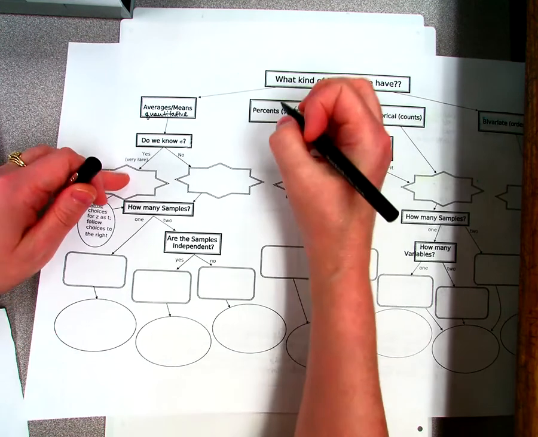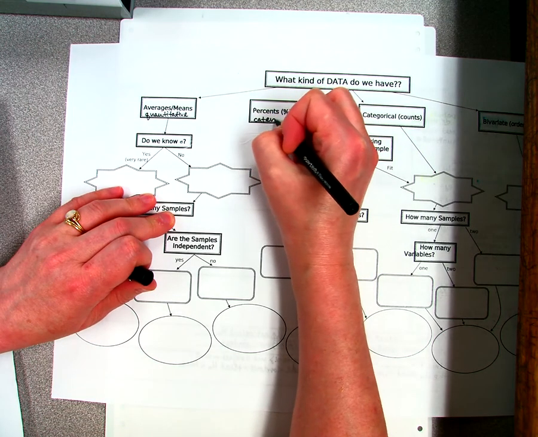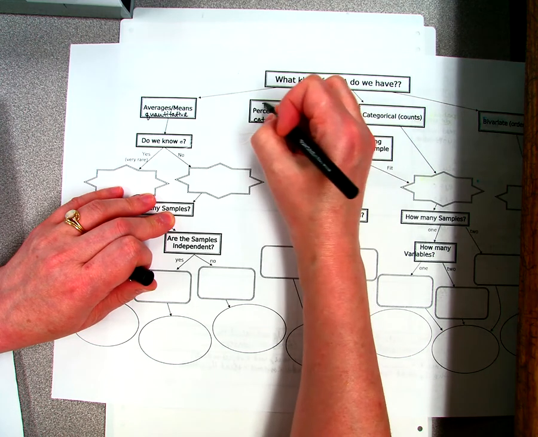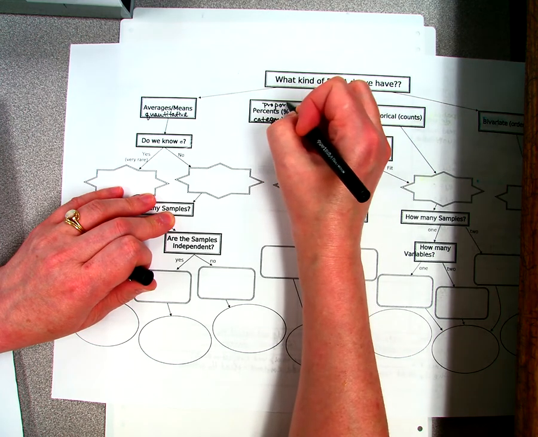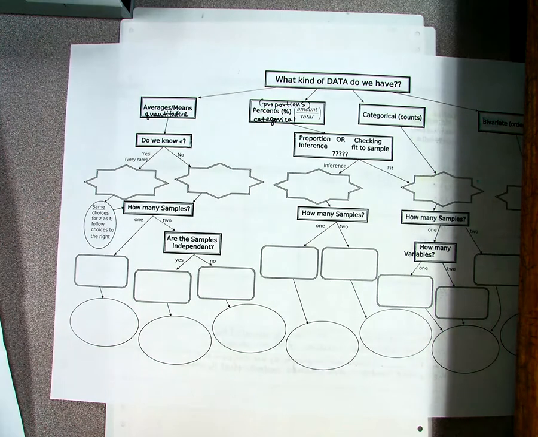And if it's percents or proportions, that would be categorical data. You might see the word proportion in the wording of the problem somewhere. And we did both of these in chapters 8 and 9.